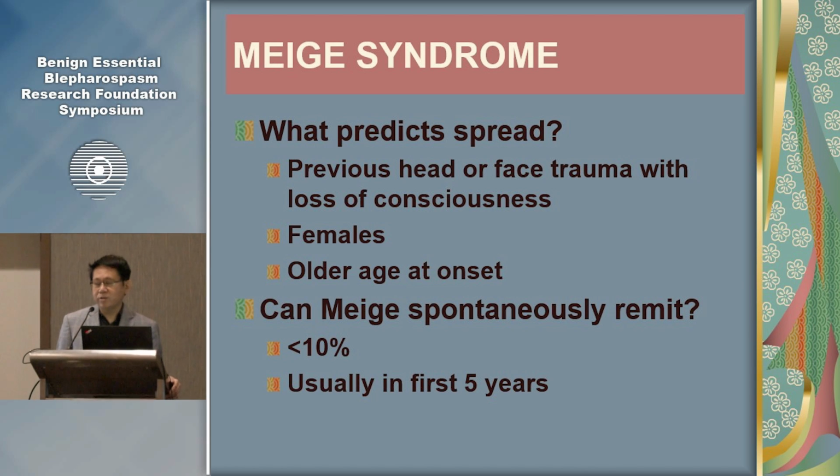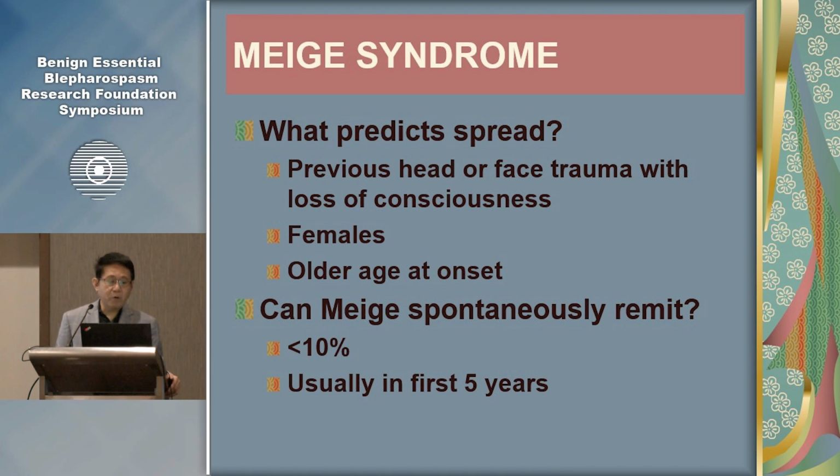some papers have tried to address the risk factors for spread, and they identified three things. And I think Dr. Mahant also referred to this briefly. One would be previous head or face trauma with loss of consciousness. So it has to be a pretty bad head trauma, a concussion or worse, that may result down the road in development of MEIGE syndrome.